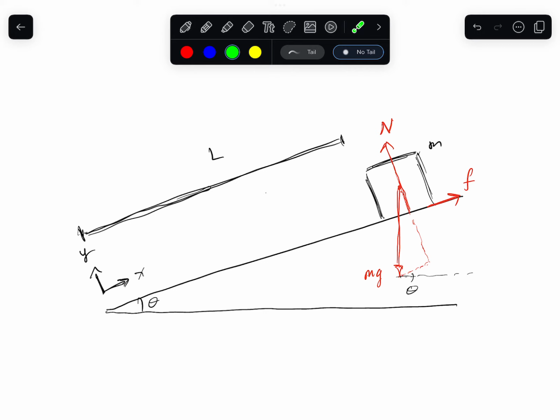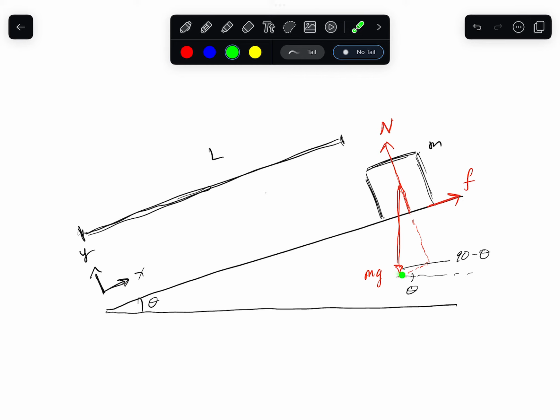Now, this angle right here is 90 degrees, and so the angle above it, this angle, is going to be 90 minus theta. And finally, this angle plus this angle is going to be 90 degrees because we know this is a right triangle.